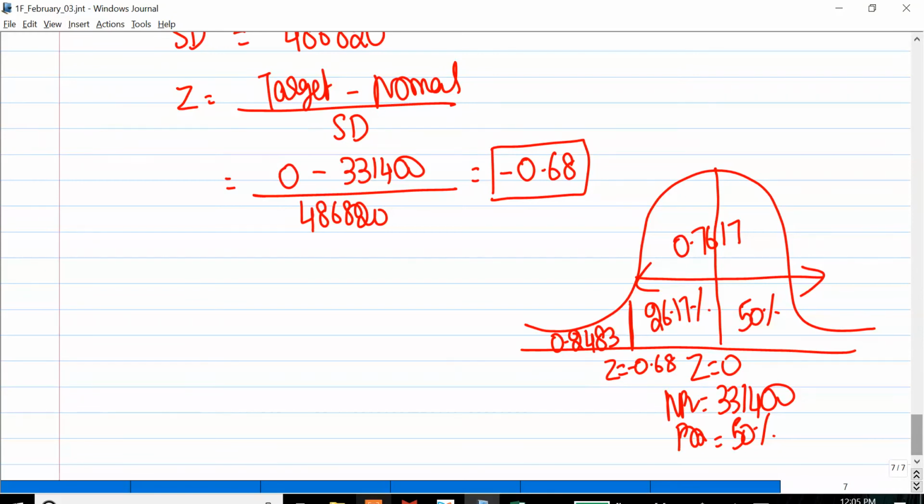Hence the final probability will lie to the left side of the Z value. Clear? Any doubts on this?